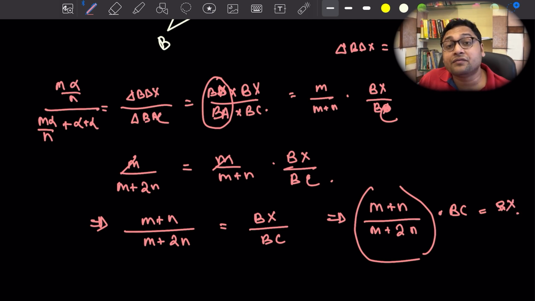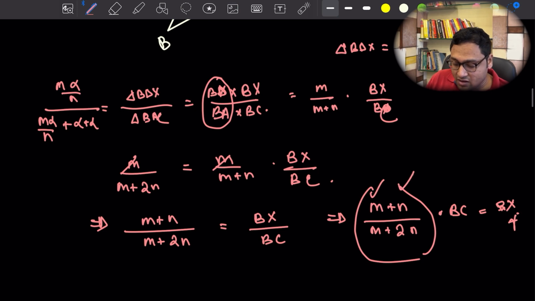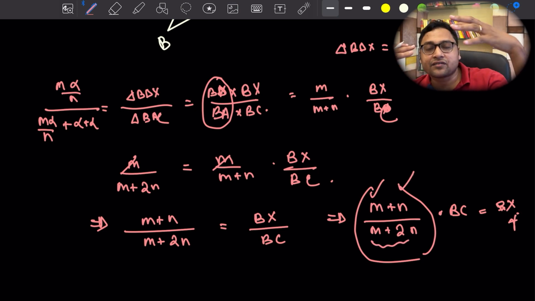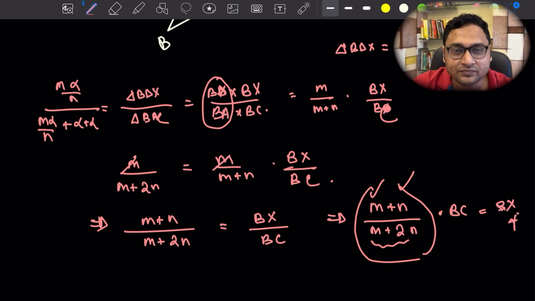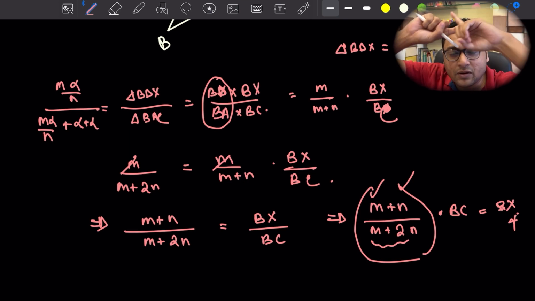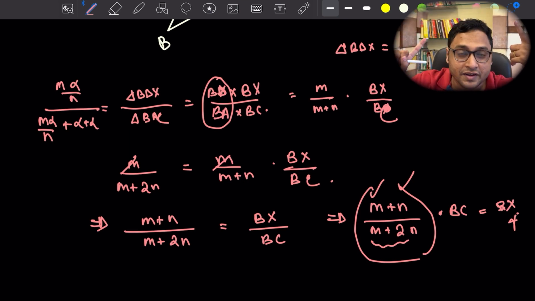Okay, we found the value of X now. Because we know m, we know n, we know m plus 2n. So we can just take that ratio and split BC in that ratio and you can get X. I hope you learned something from this particular exercise. Number one, ratio of areas equals ratio of bases. Then the strategy of using a special case so that we can move on to a general case.